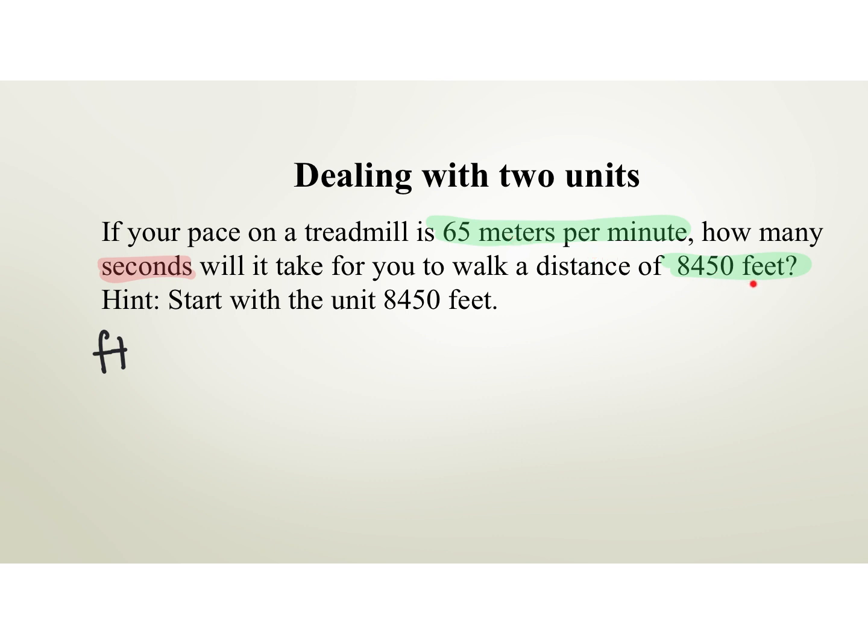So we're starting in feet, and we're going to have to convert it to meters. So when we make our plan, we're going to go feet to meters, and then it's 65 meters per minute. So from meters, we can convert to minutes. And then finally, what unit does your answer have to be in? Okay, seconds.